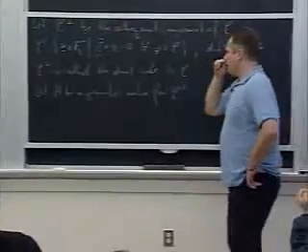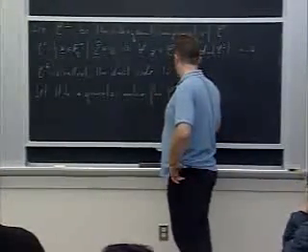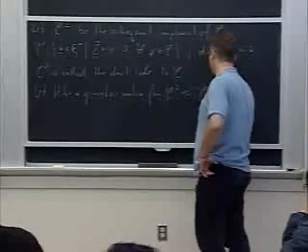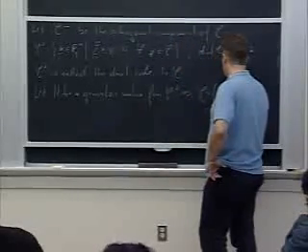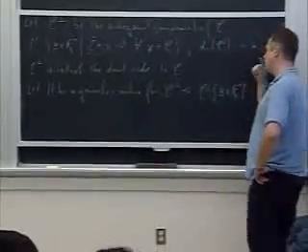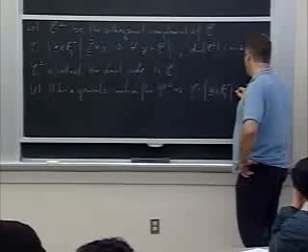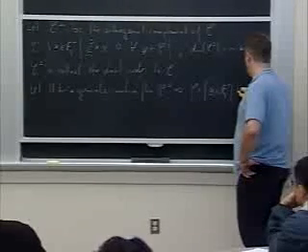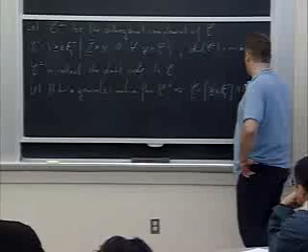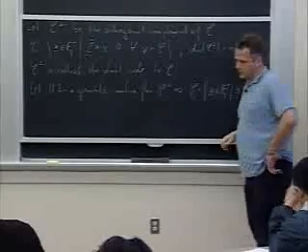But because it's a dual code, we can also define the original code in an equivalent way: all x such that x times H transpose is 0.